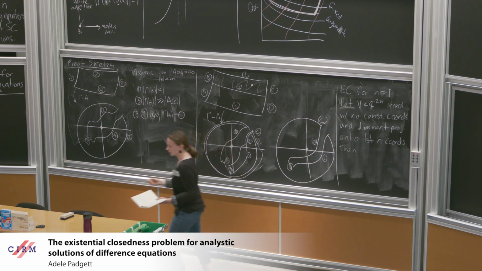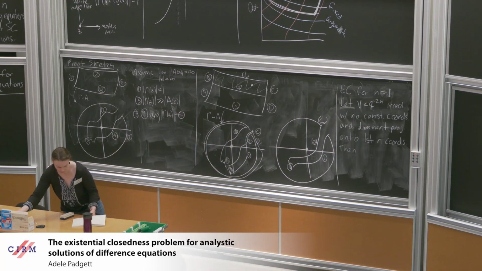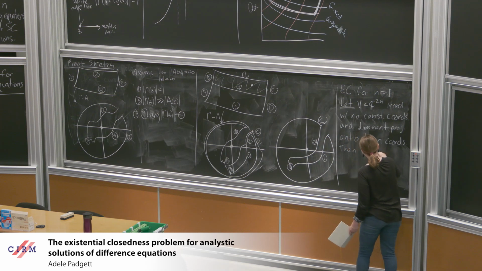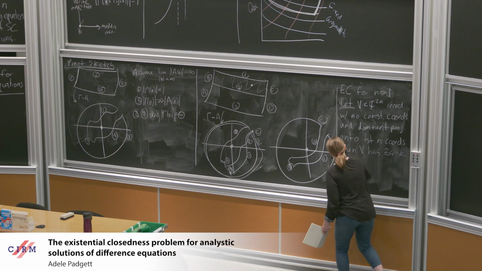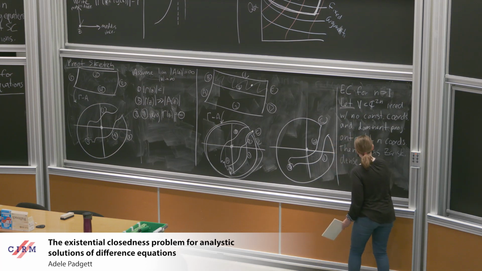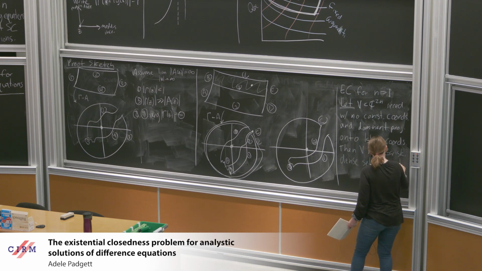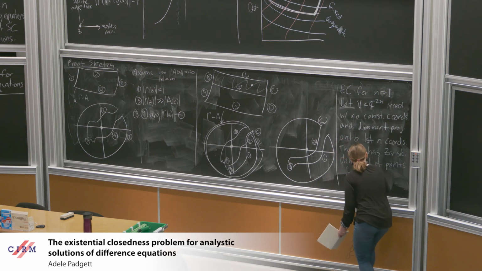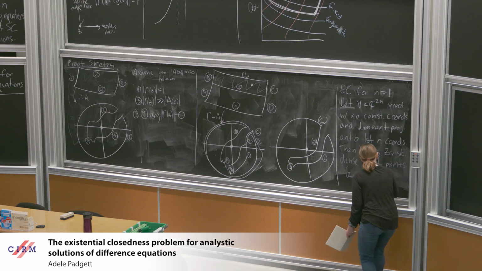Then V has a Zariski dense set of points of the form z1 up to zn and gamma of z1 up to gamma of zn.